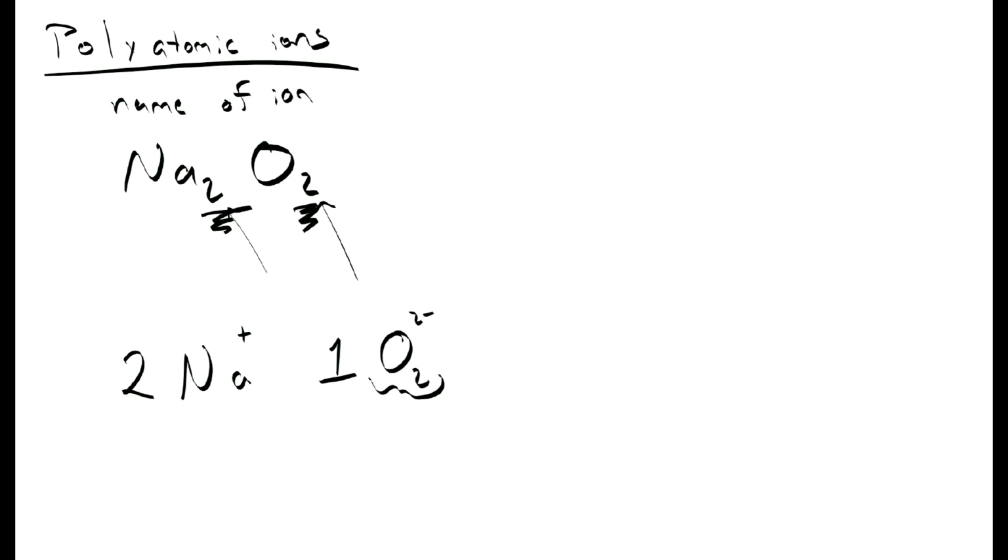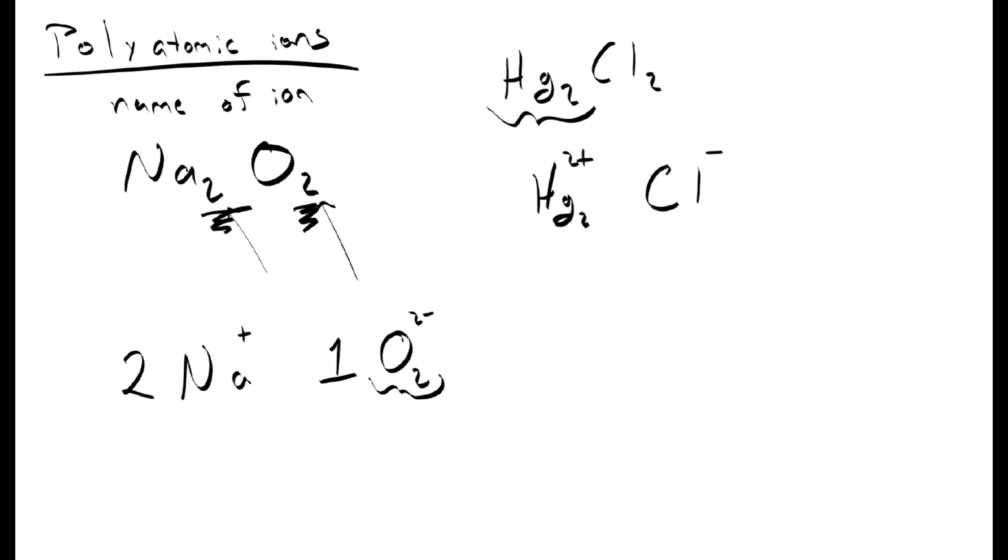In the same way, you can see Hg2Cl2. Okay. This right here is the positive polyatomic ion, the polyatomic cation, Hg2 2+. And of course, this is chlorine minus. It's just chloride. So naming these two, you just use the name of the polyatomic ion where appropriate.